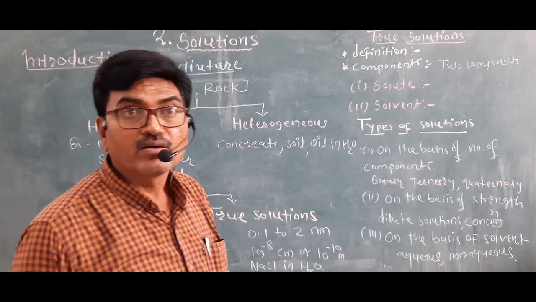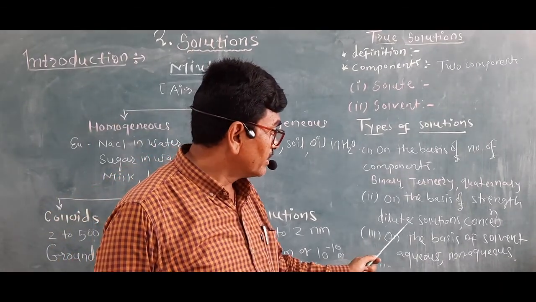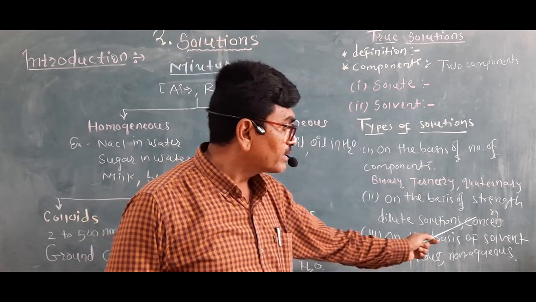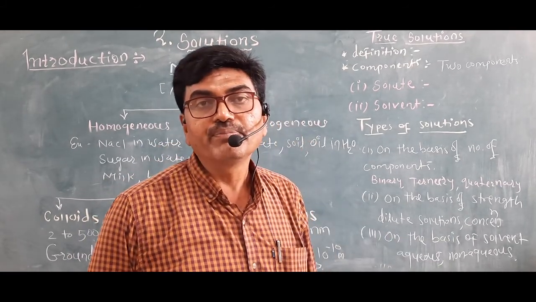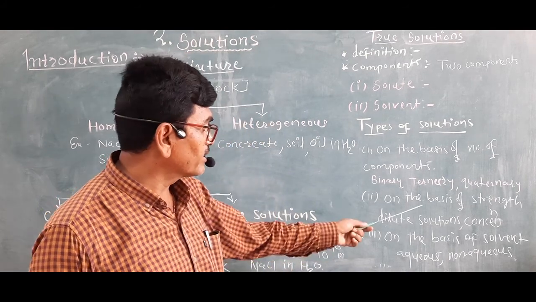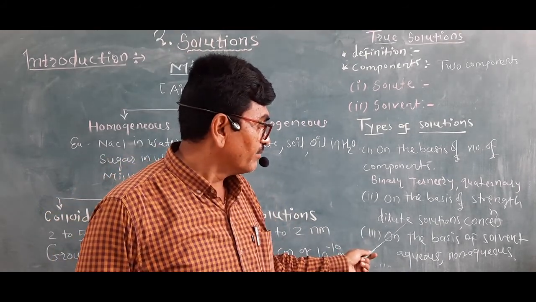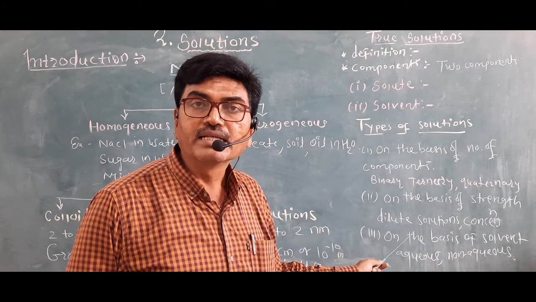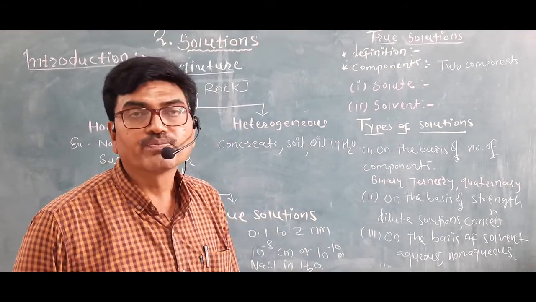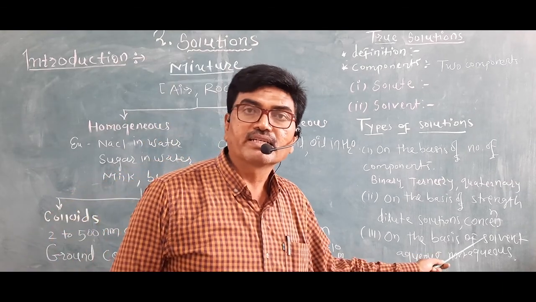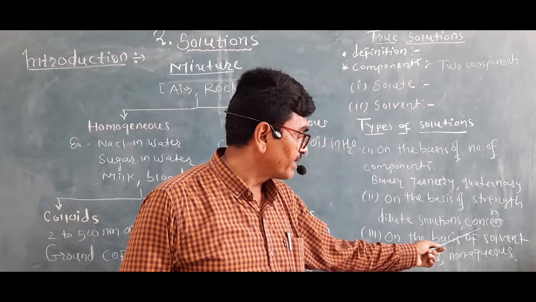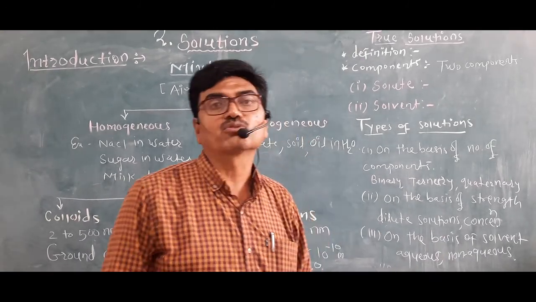Another method is based on the strength: dilute solutions and concentrated solutions. पहा, dilute solution आपल्याला माहित आहे, concentrated solution माहित आहे. कमी solute असेल आणि जास्त solvent असेल तर dilute solution तयार होतं. जर सोल्यूटची मात्रा जास्त असेल कंपेअर टू सॉल्वंट, तर त्याला आपण कॉन्सन्ट्रेटेड सोल्युशन म्हणतो.